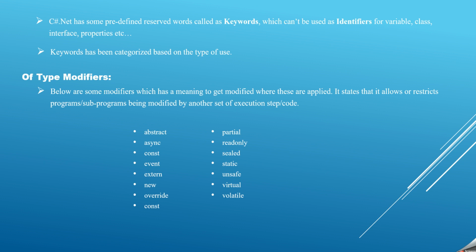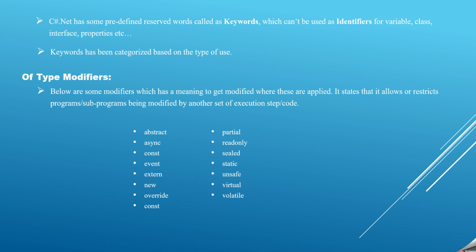Unfortunately I've repeated const. Not an issue, we'll exclude this while editing my blog. Then partial, readonly, sealed, static, unsafe, virtual, and volatile. Some highlighted things I have noted down, and you can consider I have almost noted down the modifiers.